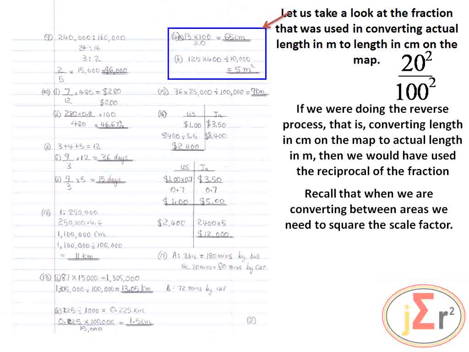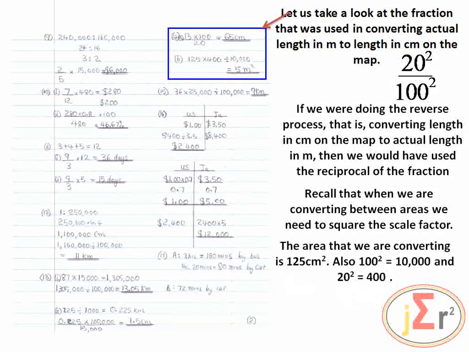However, we are not converting mere length, we are converting area. And we know that when we convert areas, we use the square of the scale factor, and that is what we have right there. So we will use the square of the reciprocal of the fraction that we did before.